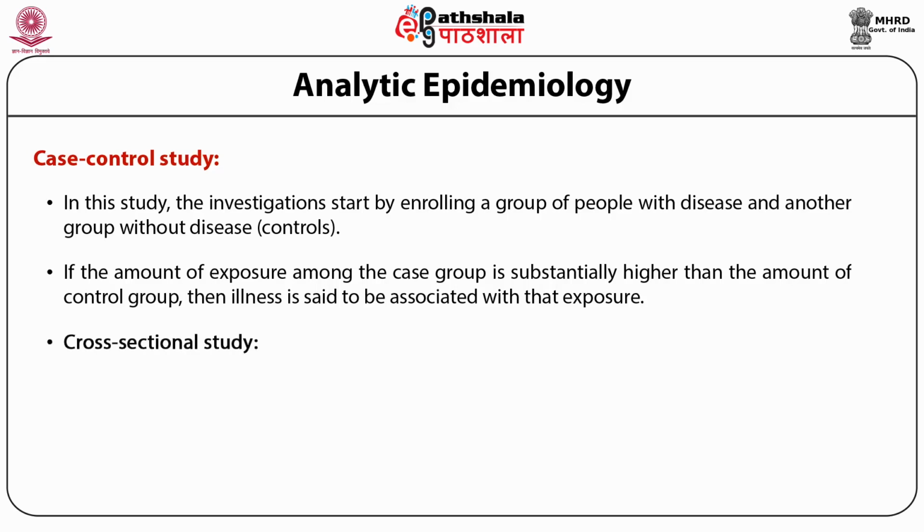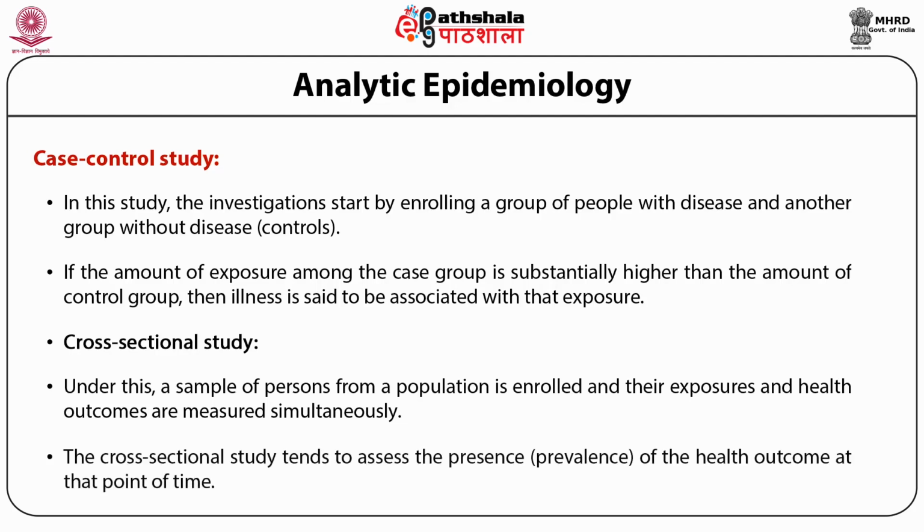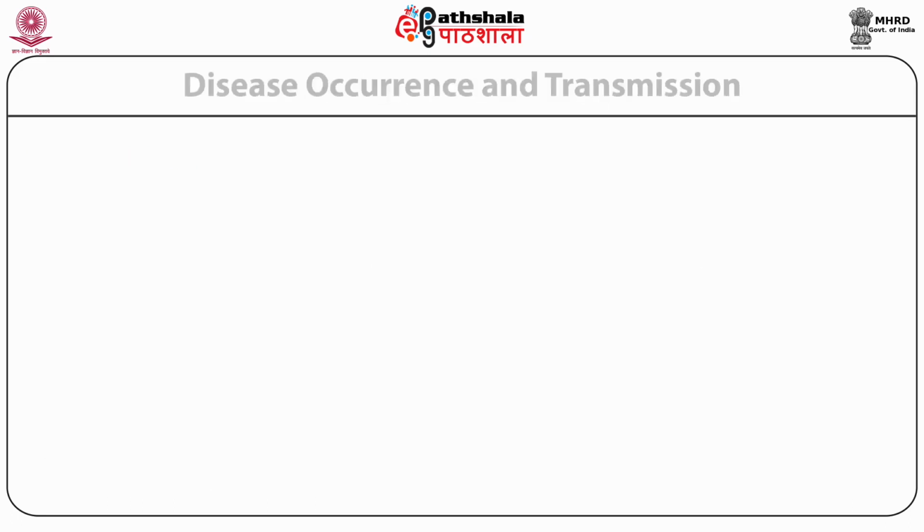Cross-sectional study. Under this, a sample of persons from a population is enrolled and their exposures and health outcomes are measured simultaneously. The cross-sectional study tends to assess the presence or prevalence of the health outcome at that point of time.